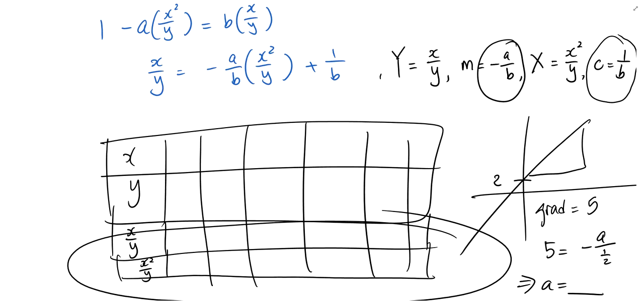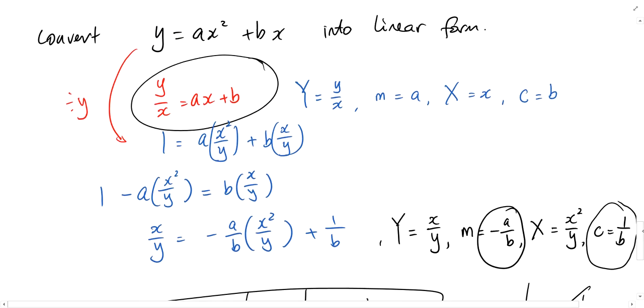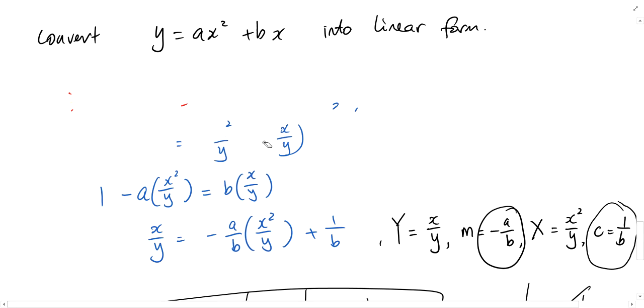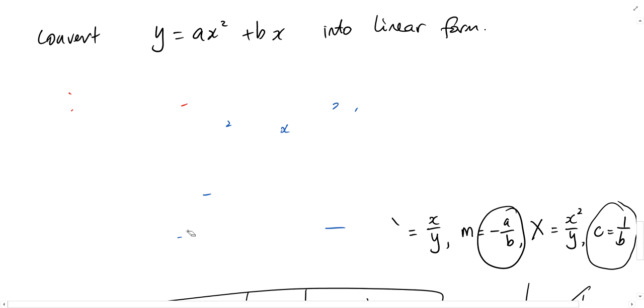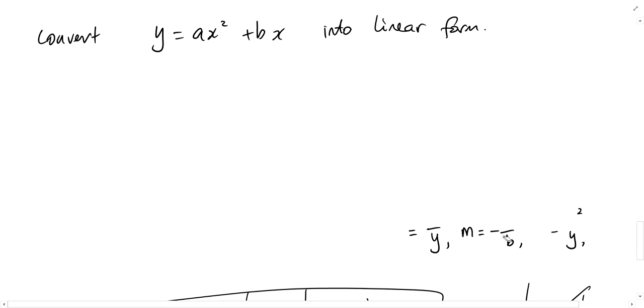Okay? Besides this, any other way to make it a linear graph? Besides dividing by y, I've shown you 2 examples already. What else? Divide by a. Okay, let's see. Right now we are literally experimenting and seeing whether different approaches work.